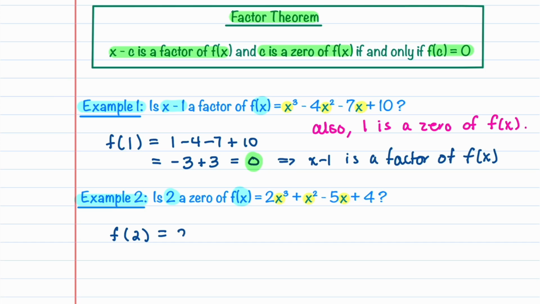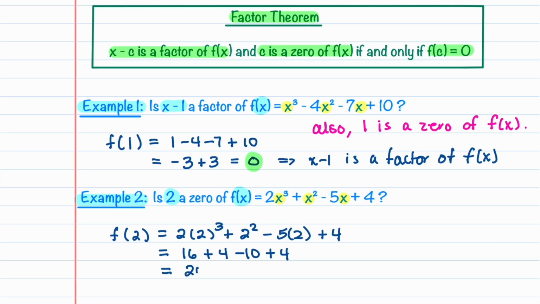So this is 2 times 2 cubed plus 2 squared minus 5 times 2 plus 4. 2 cubed is 8, and then 8 times 2 is 16. So this is 16. 2 squared is 4, and then we have minus 10 plus 4. If we add the first two numbers, we get 20, and then minus 10 plus 4 is minus 6, and this gives us a value of 14.